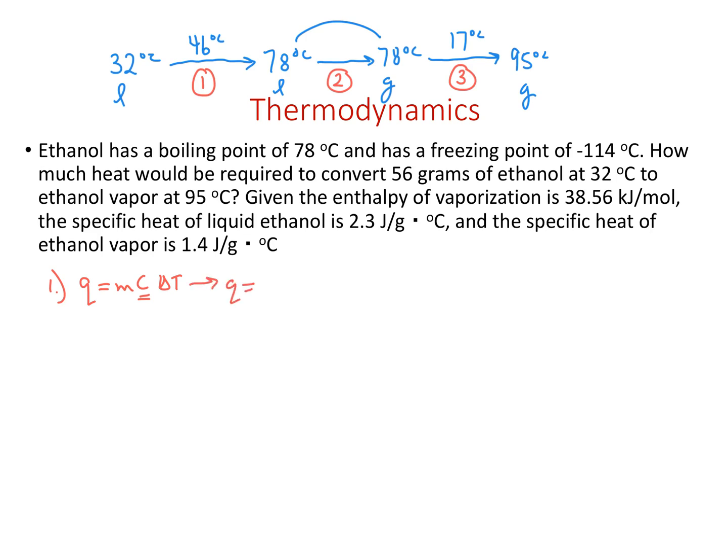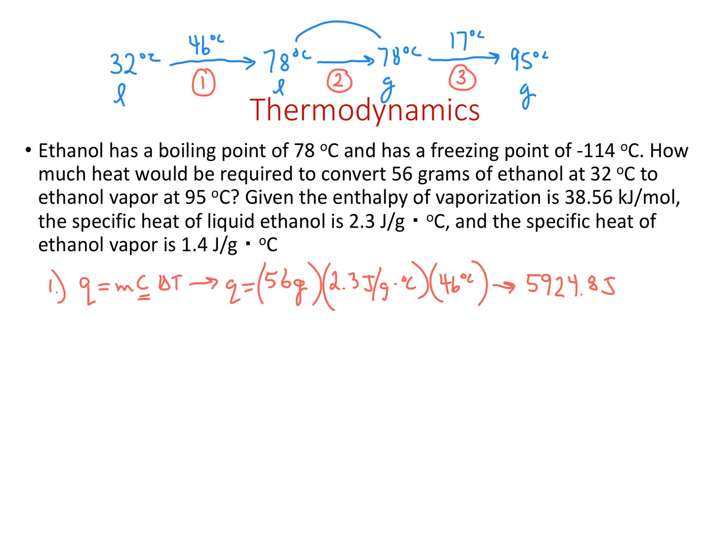So Q equals, I have 56 grams of ethanol, and the specific heat is 2.3 joules per gram degree Celsius, and it's going through a 46 degree Celsius temperature change. So multiply that all together, and I get approximately 5,924.8 joules of energy are going to be required to heat that 56 gram sample of ethanol 46 degrees Celsius.